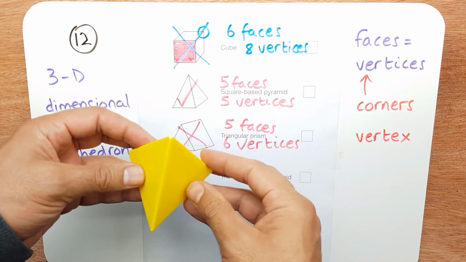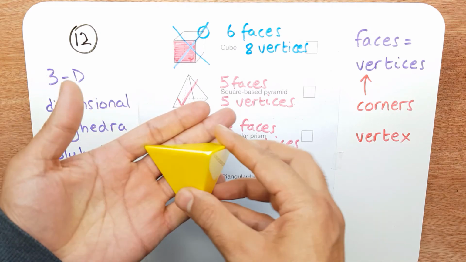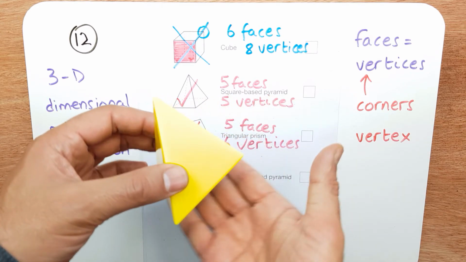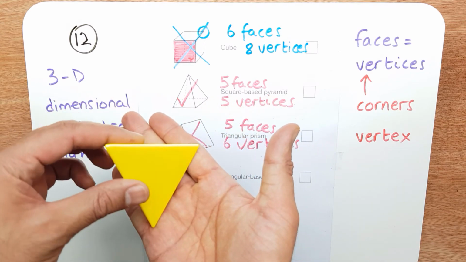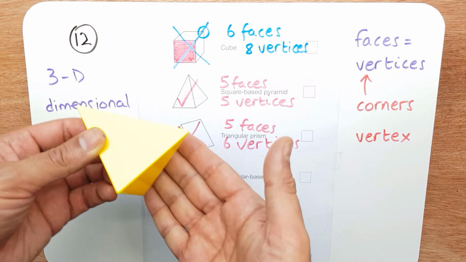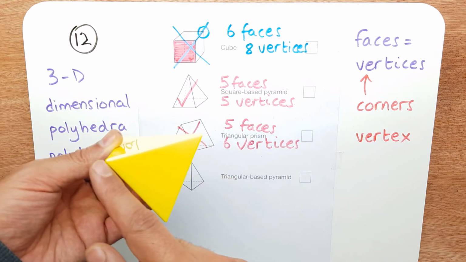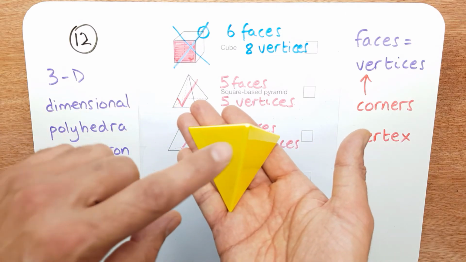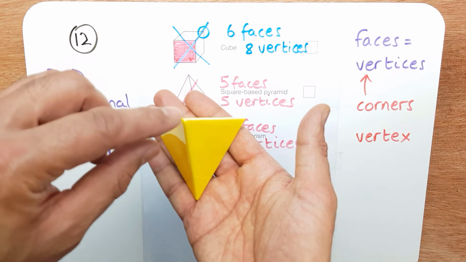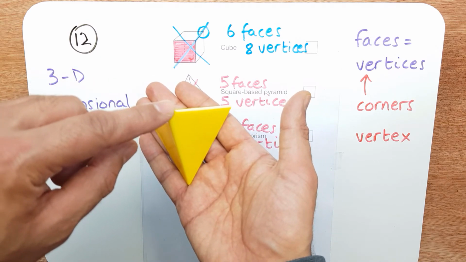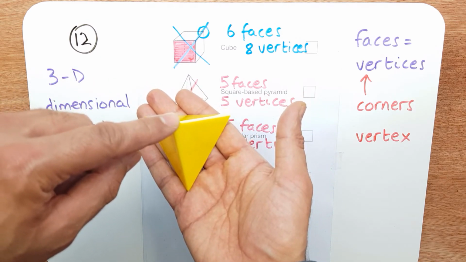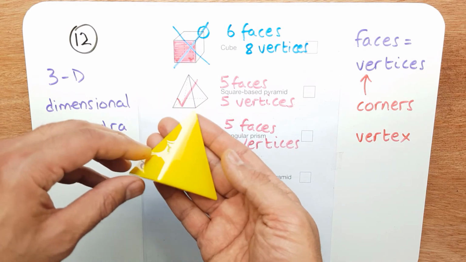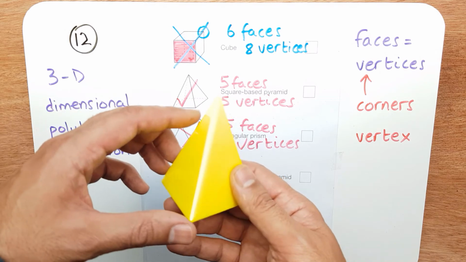Now on this final shape, it's like a triangular based pyramid. So if that's the base and it's sat on my hand, if you turn it over, you can see that there is a triangle. And because it goes up to one point, sometimes it's called a triangular based pyramid. Now, you can also call it a tetrahedron. Tetra just means 4.